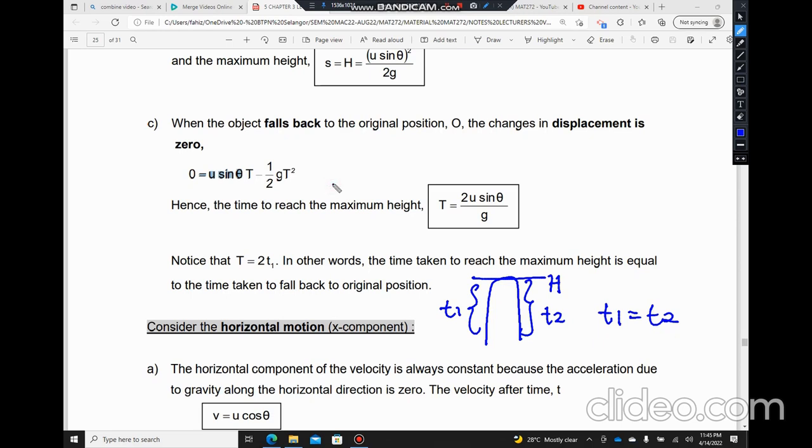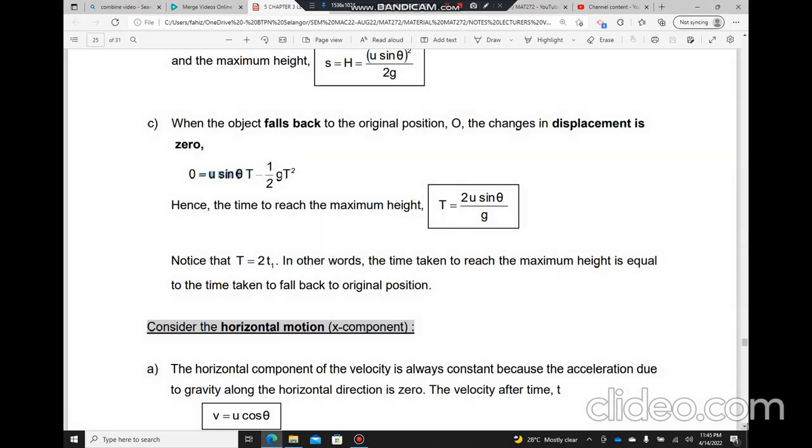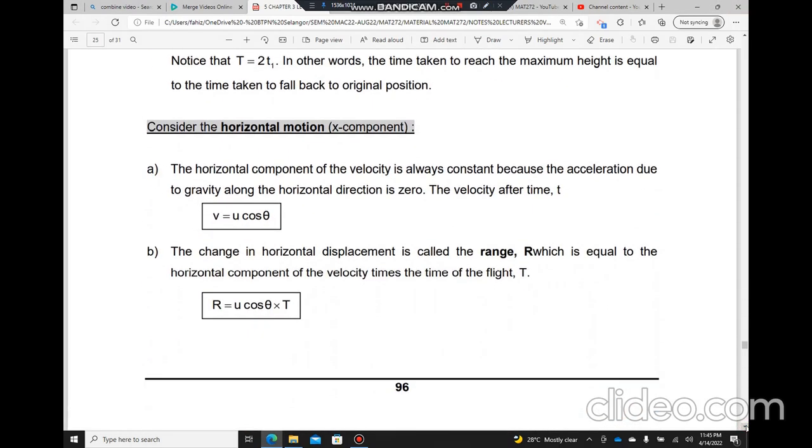So yang ni dapat daripada formula S. So S ni kita ganti dengan kosong sebab dia displacement 0, and then U kita ganti dengan U sin theta, and then A ganti dengan negative G. So that's why dapat yang ni, and then susun balik untuk dapatkan time, so 2U sin theta over G. Dia memang duk main formula yang sama je sebenarnya untuk semua topik kat sini.